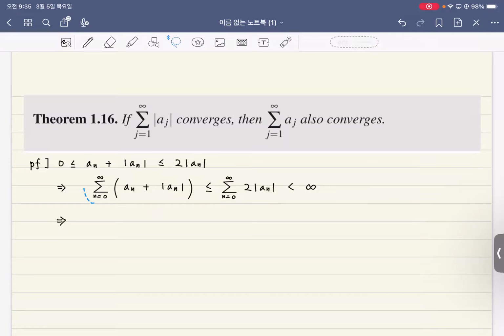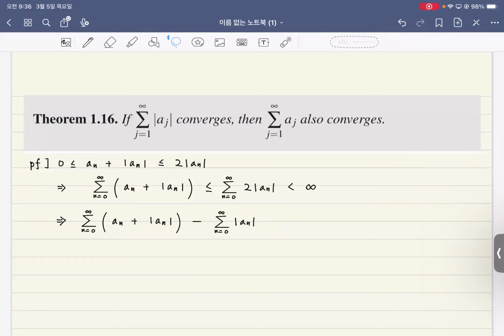Now I want to consider this. What if I subtract this one by this? Because we already know this is convergent, and this is also convergent, this is a number. So what happens if we subtract this by this?